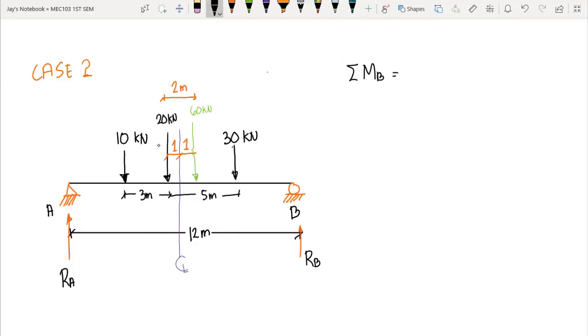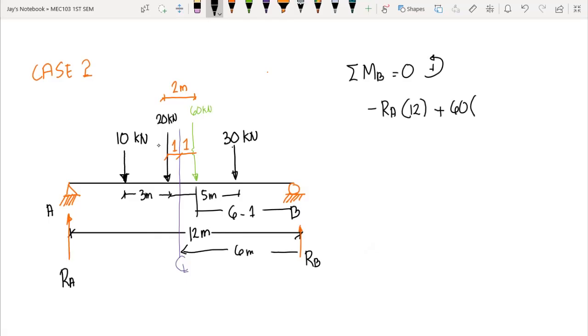So we sum up moment at B. This equals to 0, counterclockwise, positive. So we have here negative RA times 12. Then we have plus 10 plus 60 times the distance of 60 to B. We have here 6 minus 1, because this distance here is 6 meters and we have 1 meter distance here.